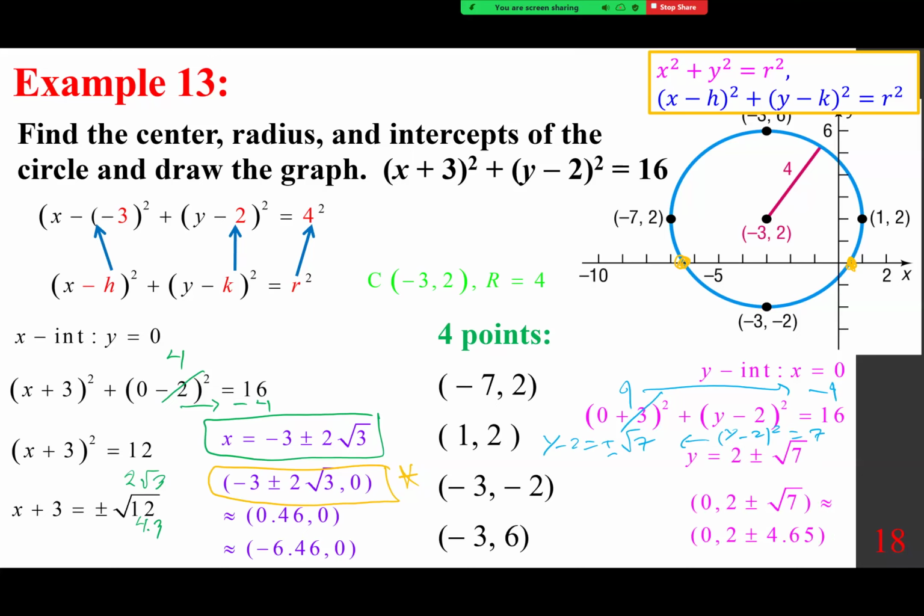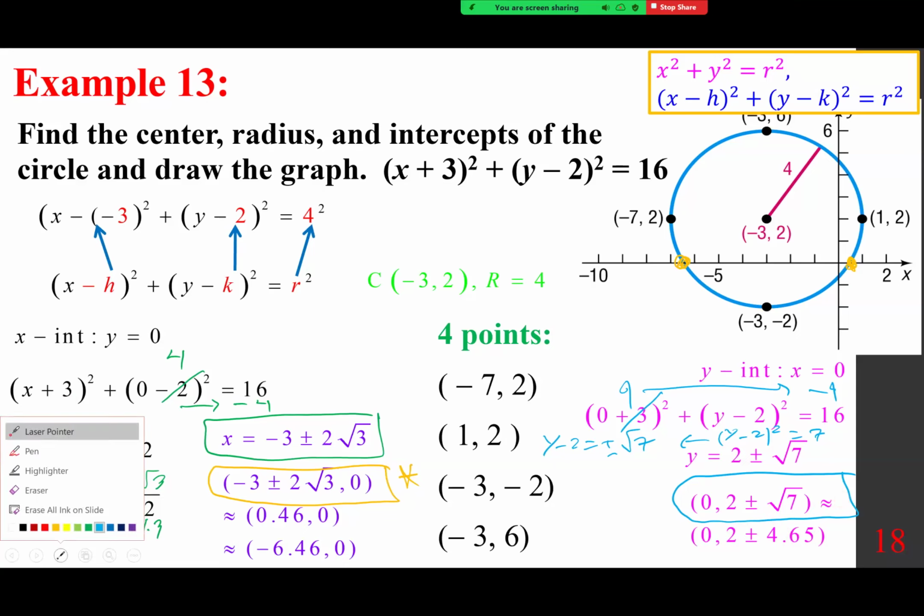And again, these are the 2 y-intercepts exactly. Okay. And then we do a rough and we come up with the answer. Okay. So 0, 2 plus 4.65, that means about 6.65, and 2 minus 4.65, which means, use a different color.